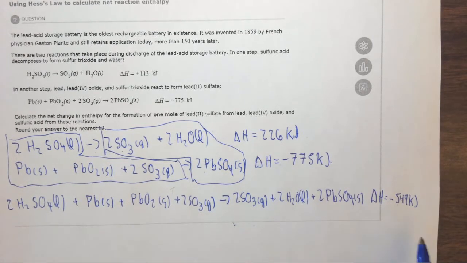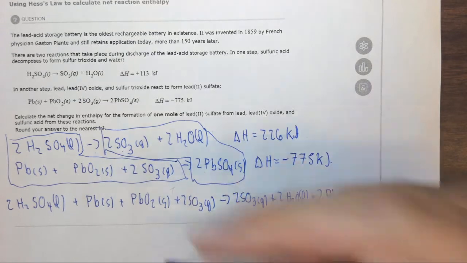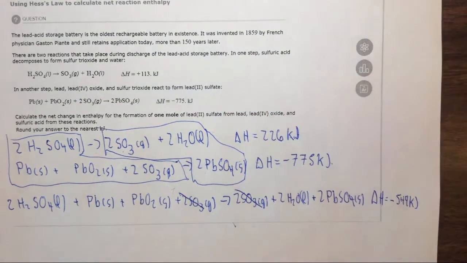Now we want to write the net reaction, so cancel out anything that's the same on both sides. Sulfuric acid is a reactant, it is not a product. Lead is a reactant, it is not a product. Lead 4 oxide is a reactant, it is not a product. But sulfur trioxide is both a reactant and a product, and there are two of them on both sides, so we can cancel it out.